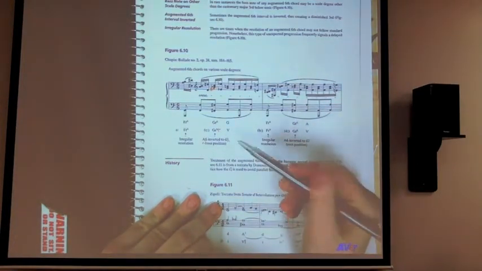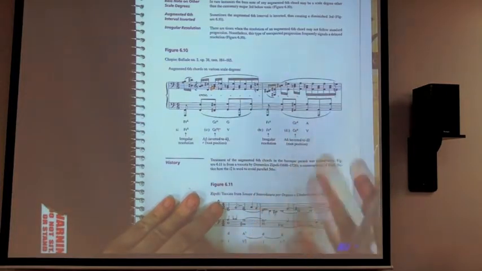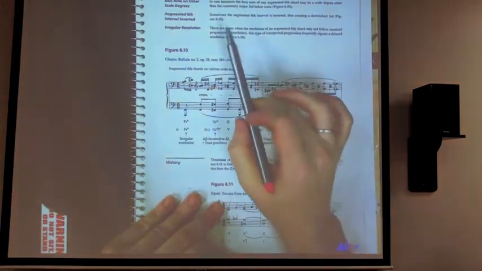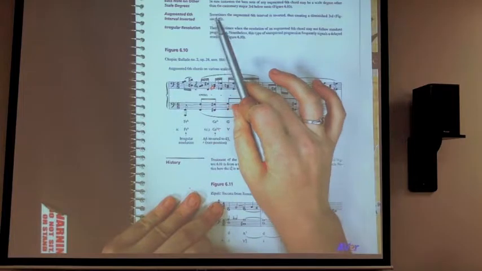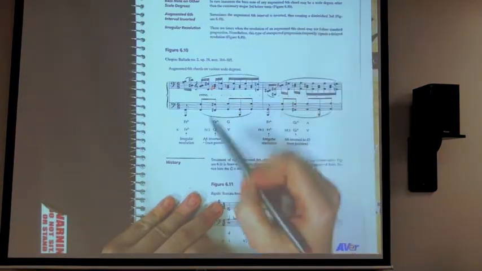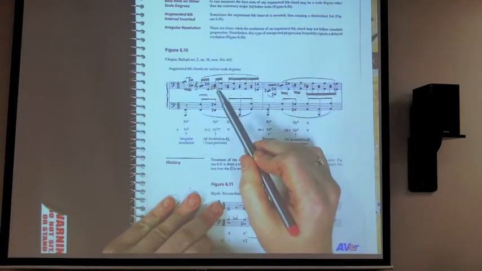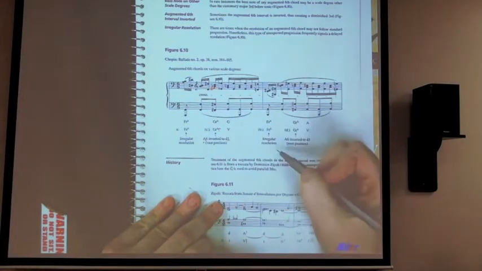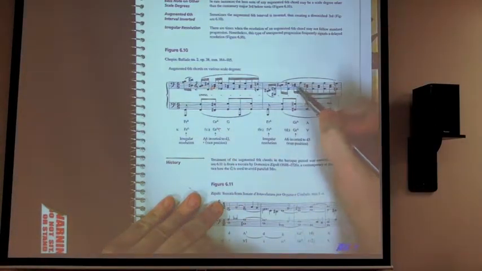Right? But you're still just going to call it a French sixth or Italian sixth or German sixth. Let's see. Sometimes the augmented sixth interval is inverted, thus creating a diminished third. We already looked at that. Diminished third right there. There's another one here. Right? This diminished third.